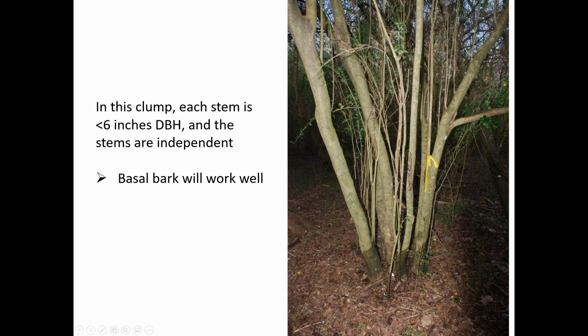Now you do have to get all these little, what I call whippets, these very small stems coming off tiny lateral roots right at the base of the root collar. So they have to be treated along with the bigger stems. And these interior stems are usually where it is the most challenging to get good coverage with basal bark application. But overall, when the stems are sort of separate like this, this is a great scenario where basal bark can work on relatively big individuals that would have a huge root collar diameter but technically smaller DBH measurements for each individual stem.